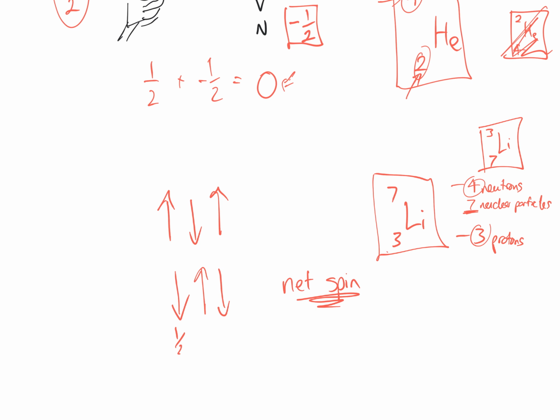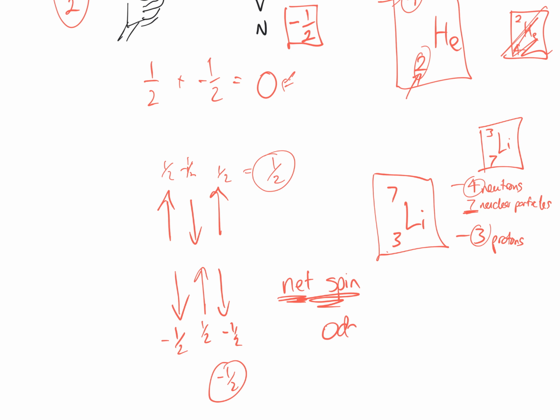If we give this a value of a half, minus a half, sorry, this a half, this 1.5, we add them together, we get minus a half. In this case, a half minus a half, and a half, we'll get a value of a half. So we have a net spin, an overall spin.